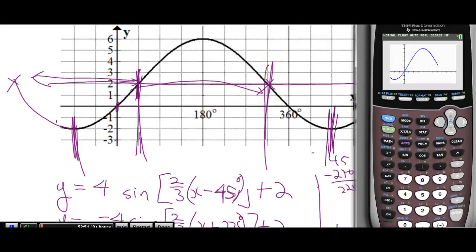Okay, and then it should look like that.